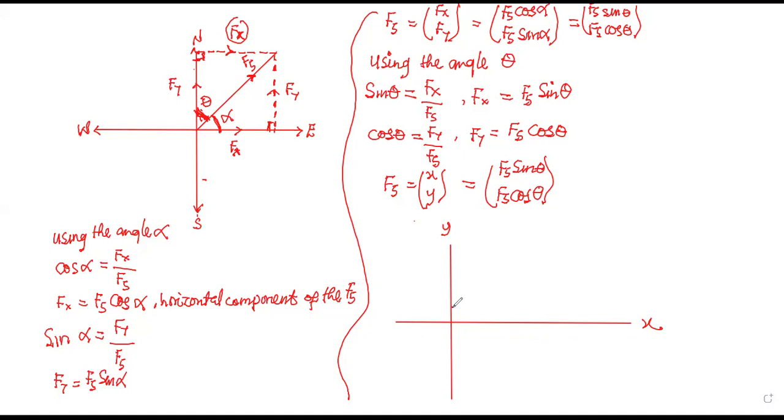A vector makes an angle of 30 degrees with the north. If the angle it makes with the north is 30, what angle will it make with the east?